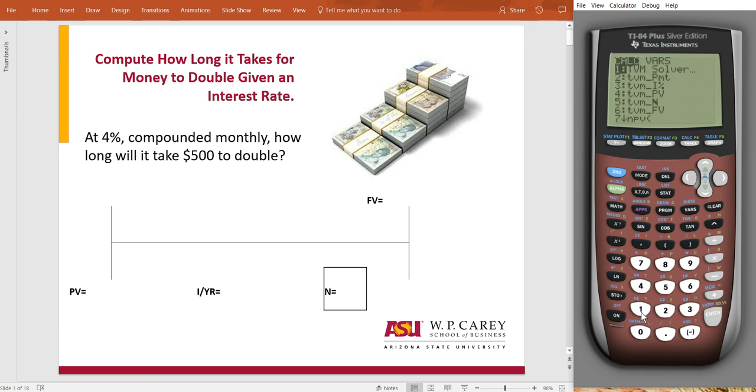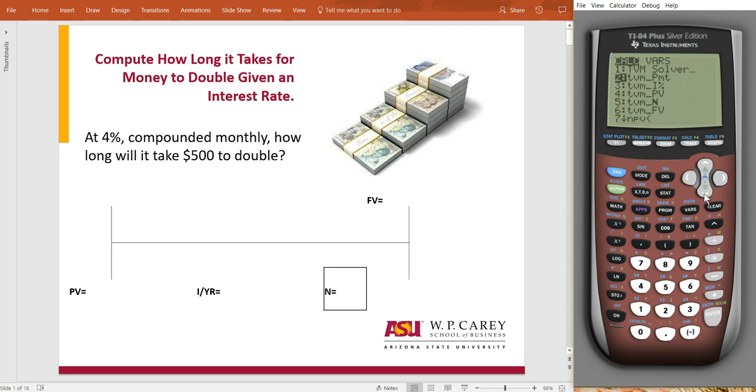Okay, so it brings us up to the main menu for the finance functions. We are primarily going to use number 1, which is TVM solver, which is time value of money. We will also be using number 7 and number 8. And in order to get down to those, you could press 7 or you could press 8, or you can use this scroll right here.